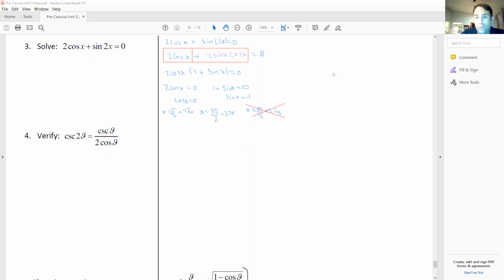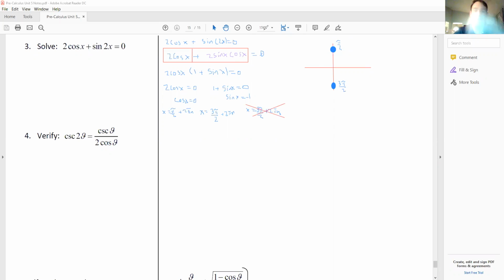But what we do have to do is link our roots to see if there's a way that we can write our answer cleaner. So let's see, we had pi over 2, and we had 3 pi over 2. And it turns out they actually are pi away, which you can kind of see. So I can write this as a linked root.